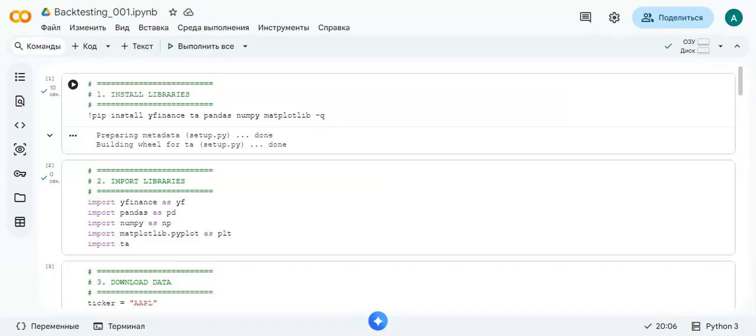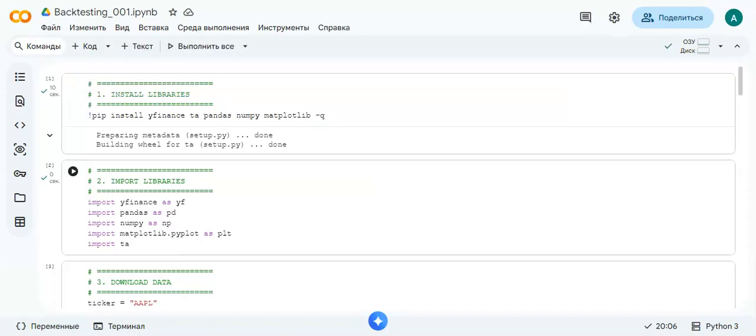So first of all, we are going to install the necessary libraries. To do so, we first install the Yahoo Finance library, the technical analysis library, pandas, numpy, and matplotlib to visualize our equity curve and other things.